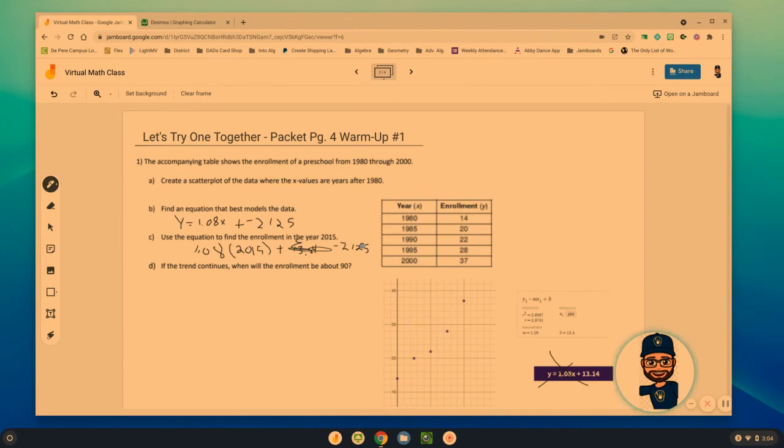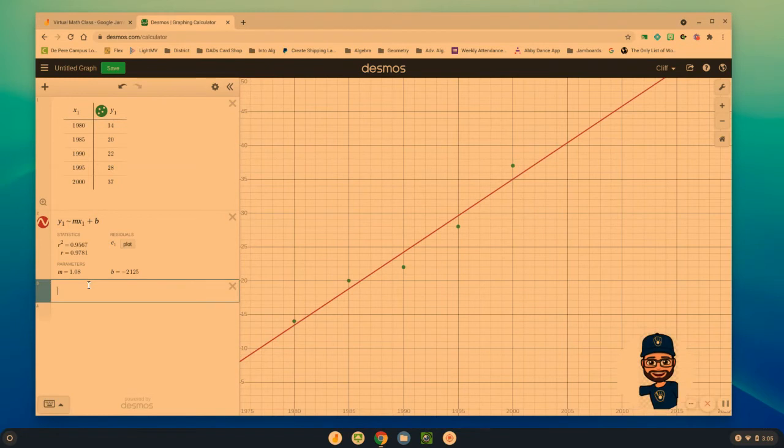All right, and so now if we do it correctly, and we take away the 2,125, we should get about 51.2. Okay. 51.2. And again, I could plug that in over here.